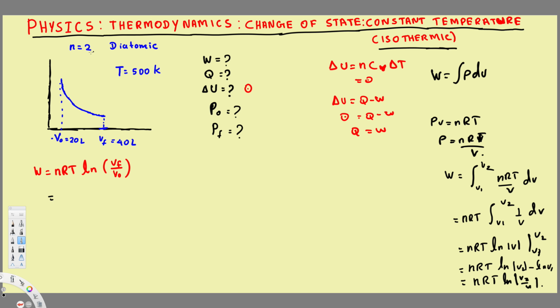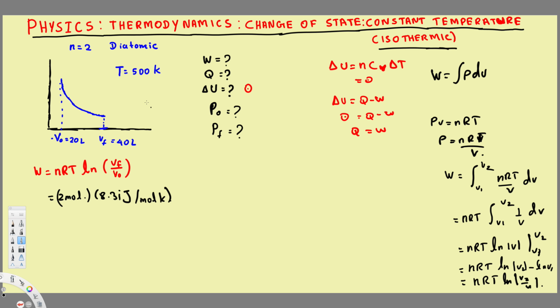First of all, we have the moles that are provided, 2 moles, times R. The R value is 8.31 joule per mole Kelvin. And then we have temperature. For an isothermal process, temperature is going to be the same, so you can pick initial or final.